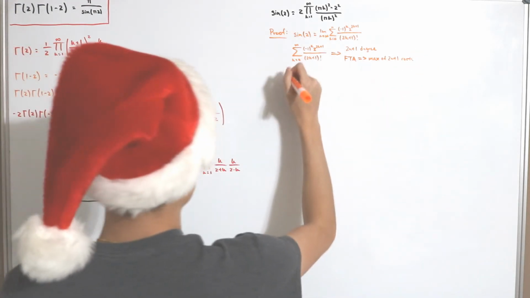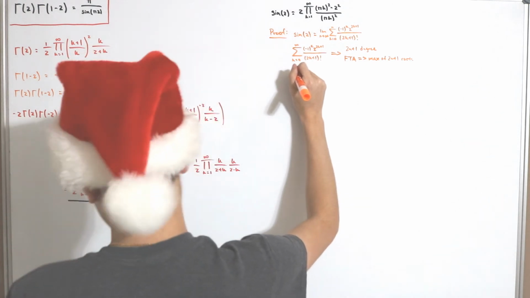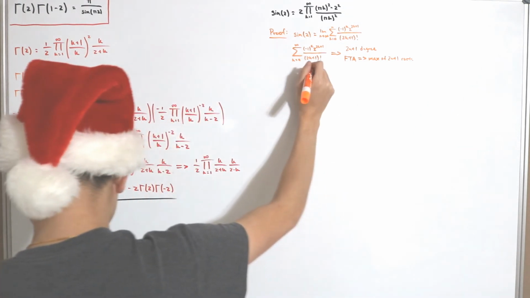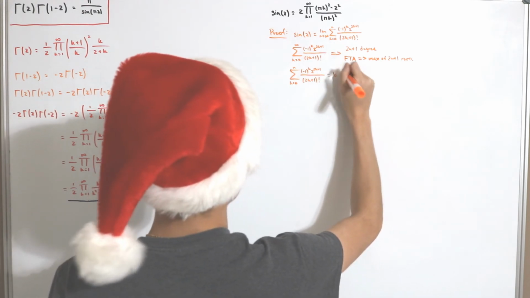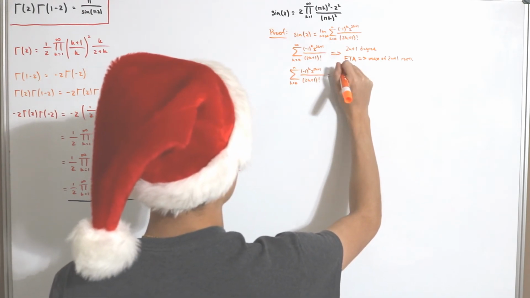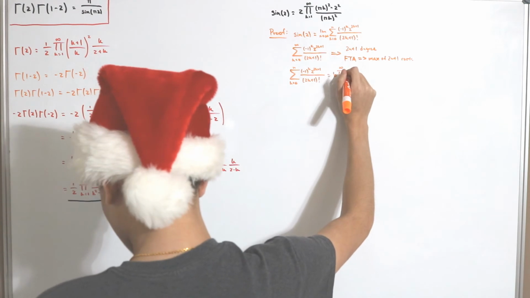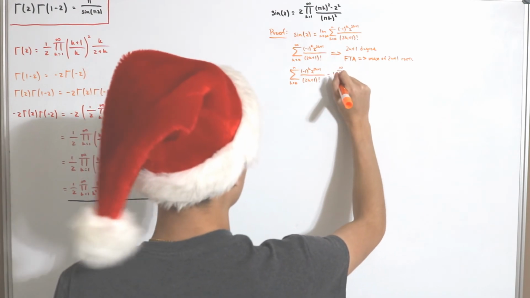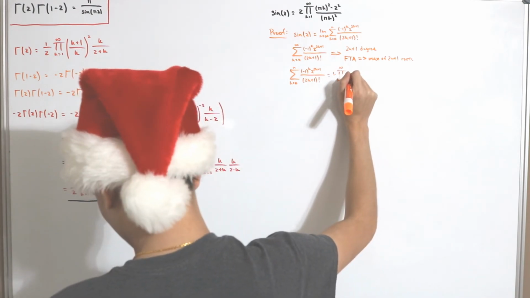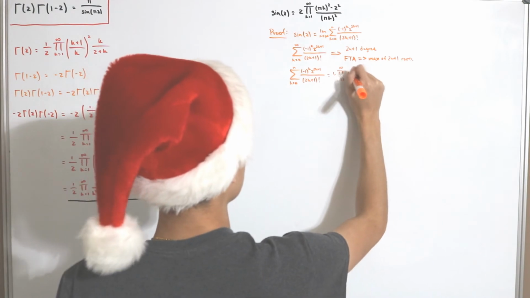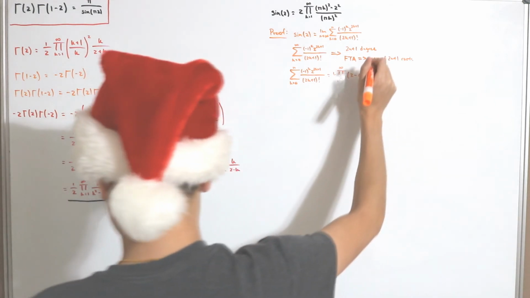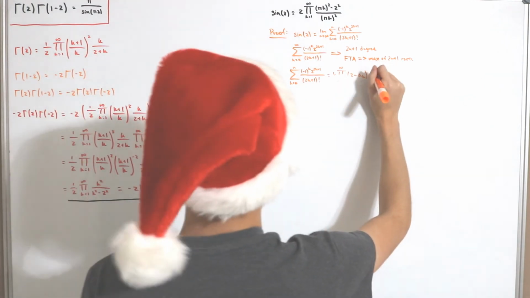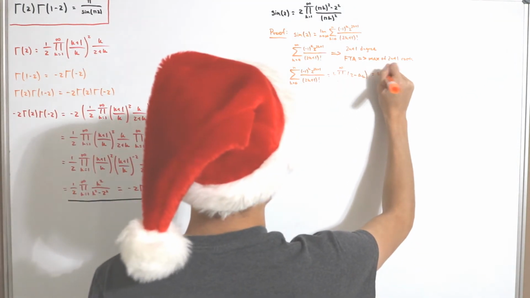So we can write this as a product: b multiplied by the product from k equal to 1 of (z minus a sub k), and that's equal to sine of z.